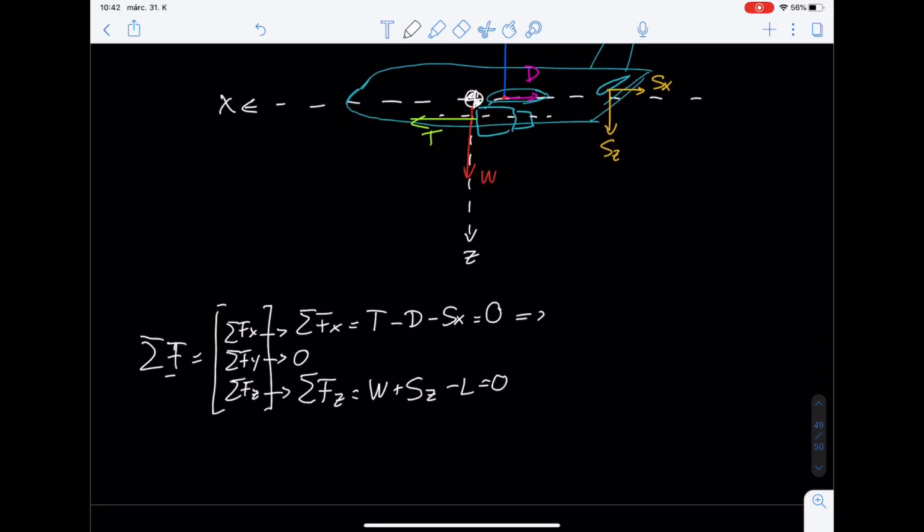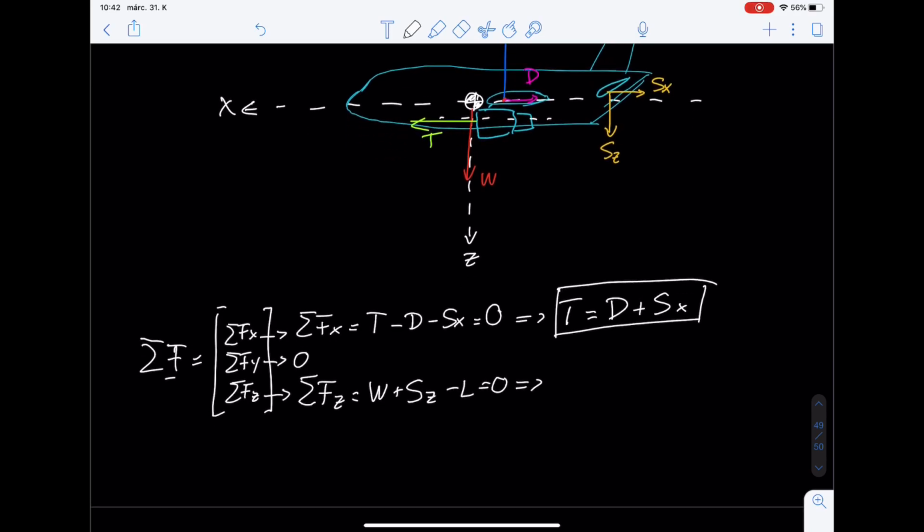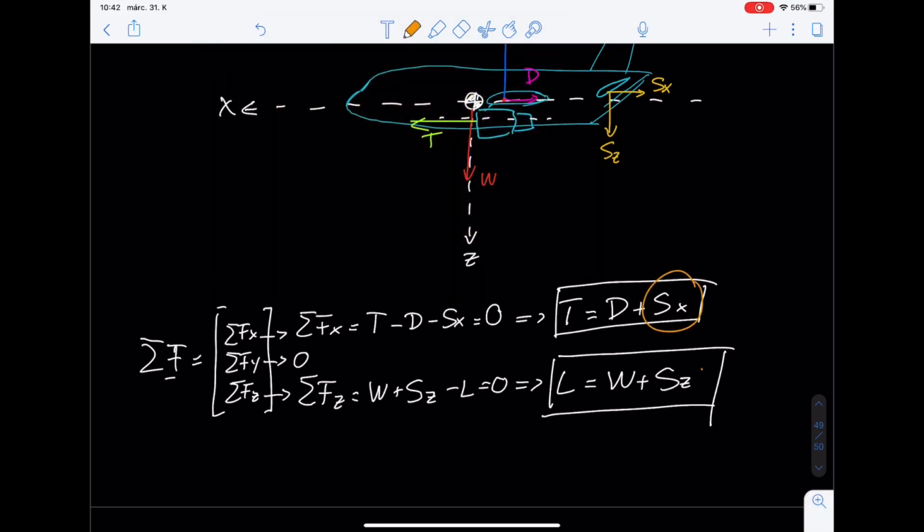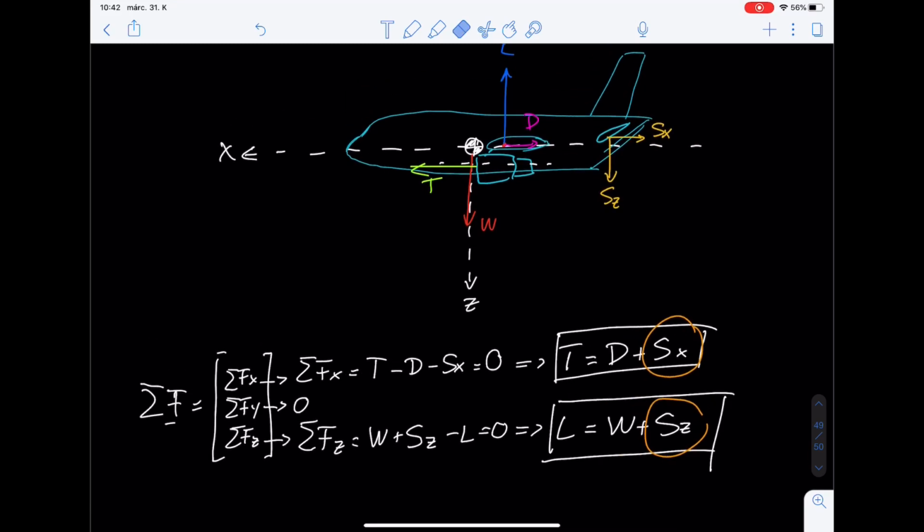And this gets us to two equations: the thrust has to equal the drag plus the drag component of the stabilizer force, and the lift has to equal the weight plus the stabilizer force in the z direction. So what you can see is that both of these components got added to the initial picture, right?